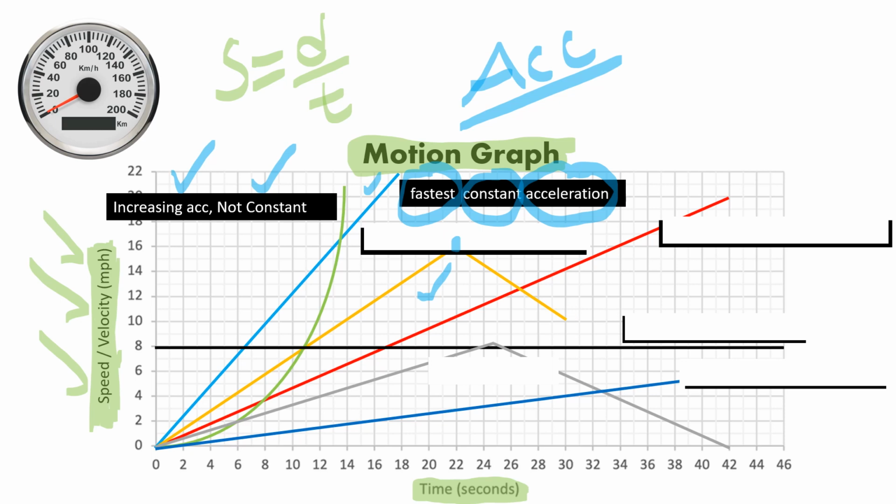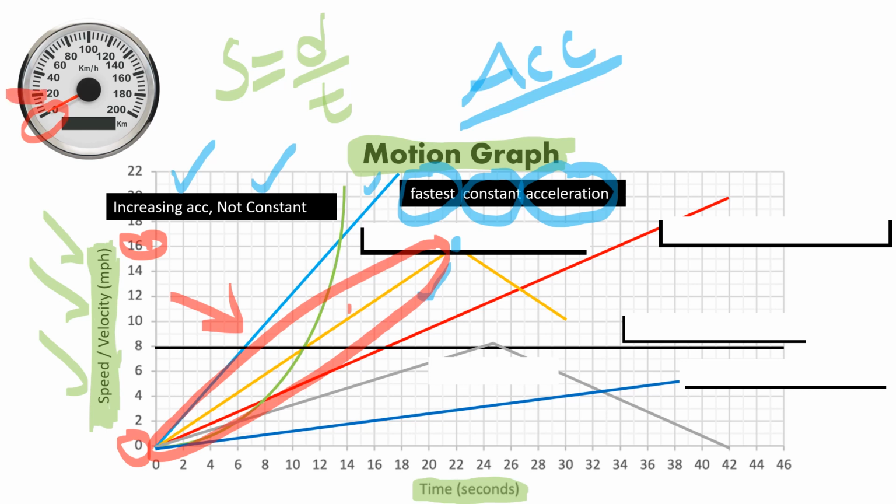Now, the best way I can help you understand this, you really have to look over here, okay? Check this out. So imagine this first section right here. It's going 16 miles an hour. From 0 to 16 miles an hour is what's happening right here in the orange line that I circled, okay? That means it's going from 0, and let's just say 16 is right here. So it's going faster.